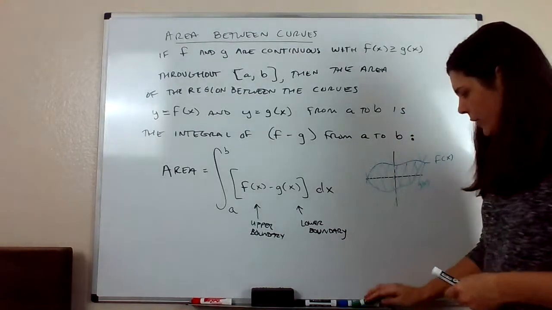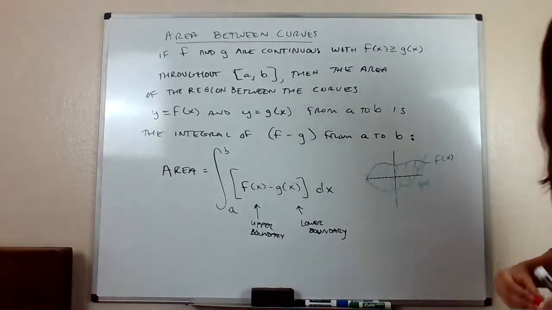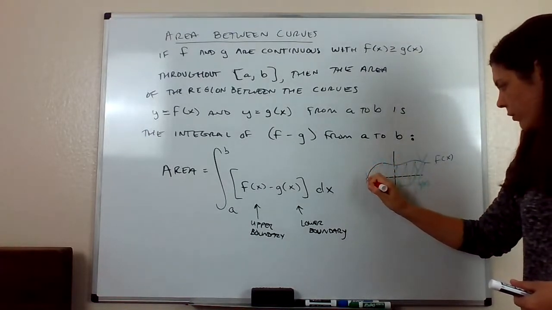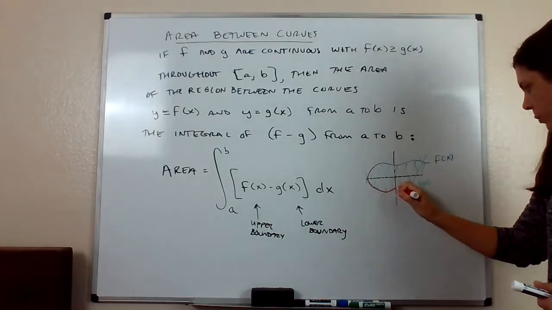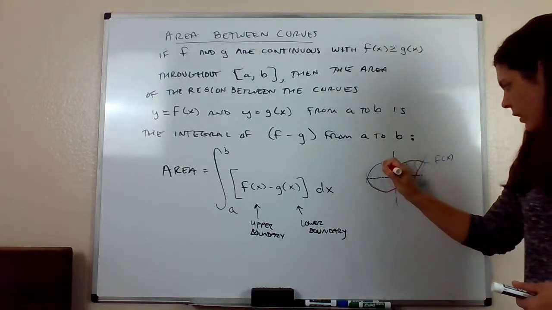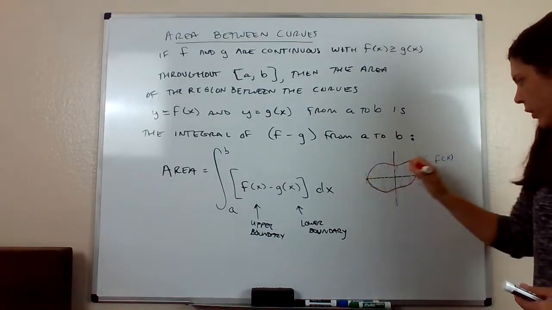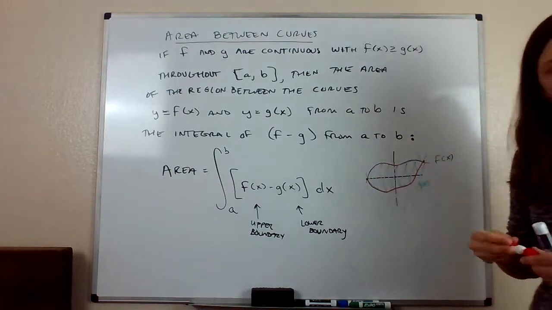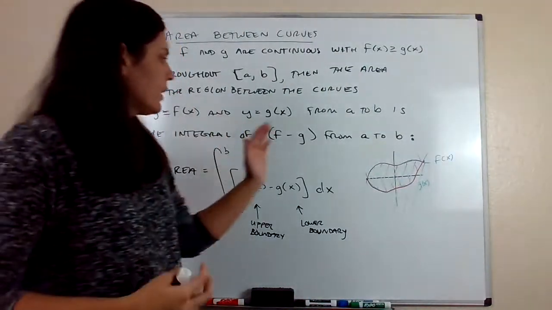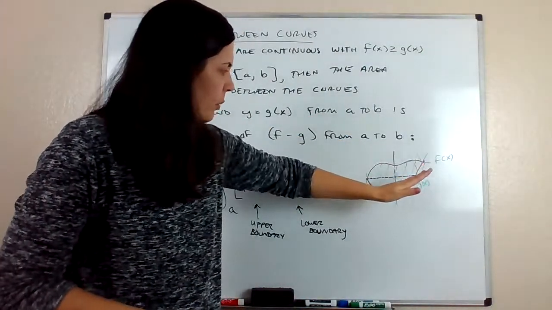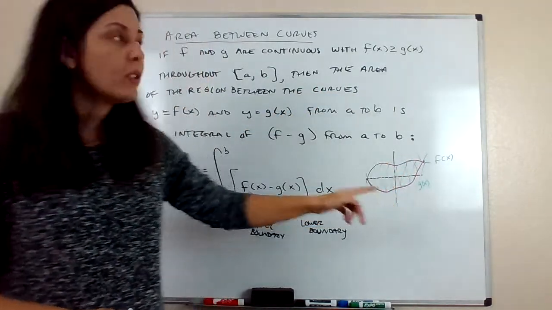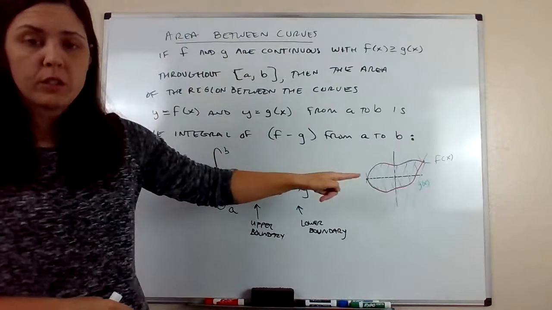But I want what's in between them, so by doing subtraction, I get this in-between part, this difference. That's why in the integrand we're subtracting. One function is always considered the top, one is always considered the bottom, and when we subtract, we get what's in between. So that's how we find the area between the curves.